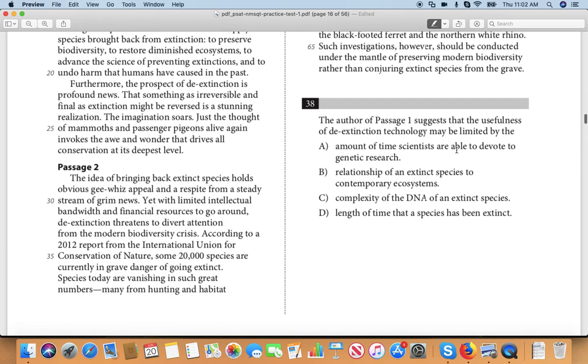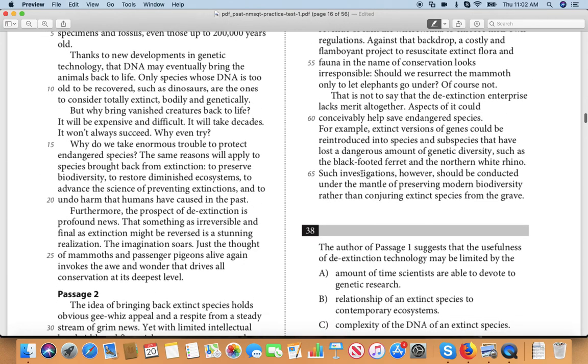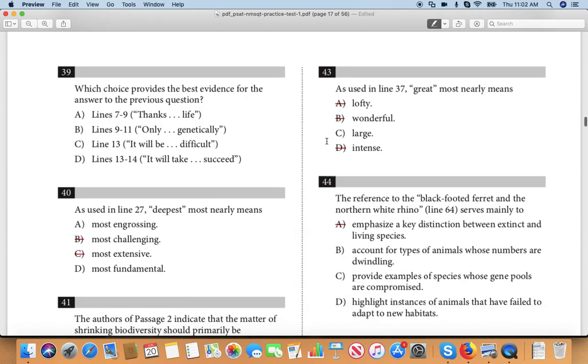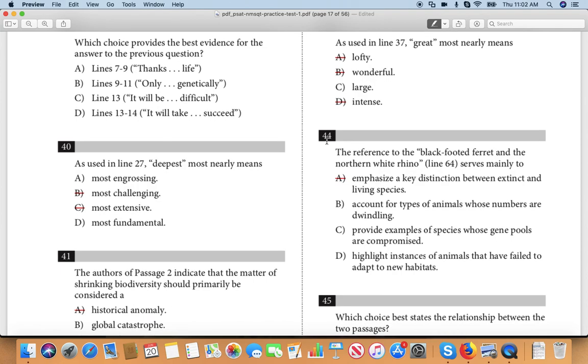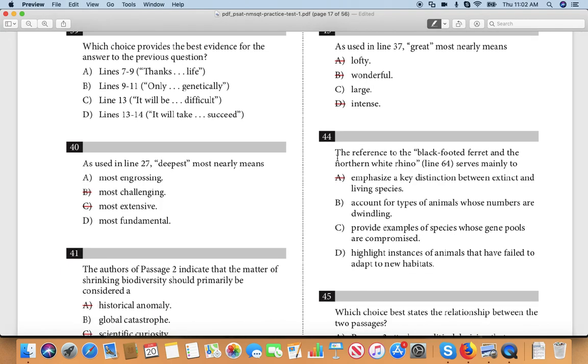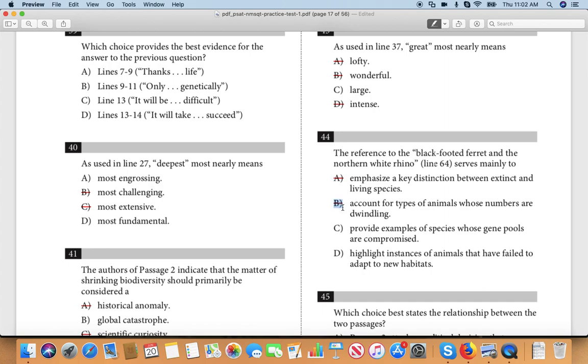You told me. Remember, we were focusing on the text, and you told me what those examples serve to do. And what do those examples serve to do? They serve to be examples of subspecies that have lost a dangerous amount of genetic diversity. That's what the text says. Not that they're going extinct. They've lost genetic diversity. So it's not B. Does that make any sense?